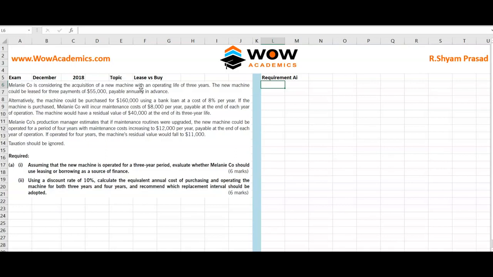Gemco is considering the acquisition of a new machine with an operating life of 3 years. The new machine could be leased for 3 payments of 55,000 payable annually in advance. So that is about the lease. Alternatively, the machine could be purchased for 1,60,000 using a bank loan at a cost of 8% per year. So this 8% is a common discount factor for both lease and buy.